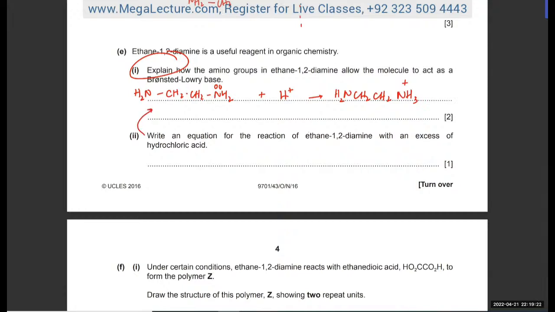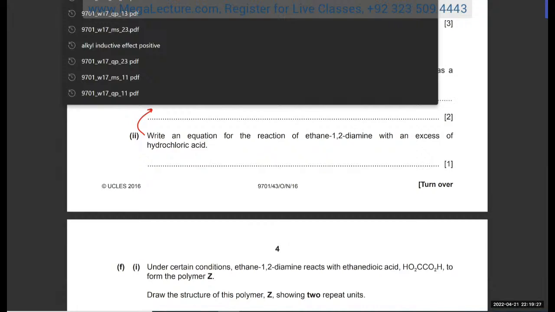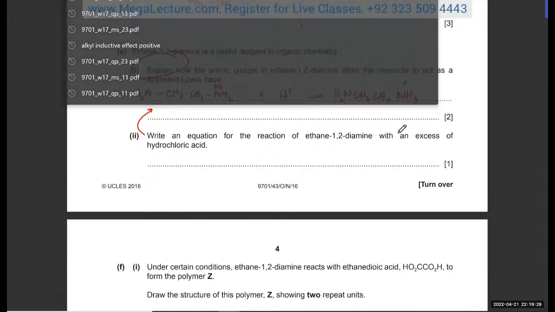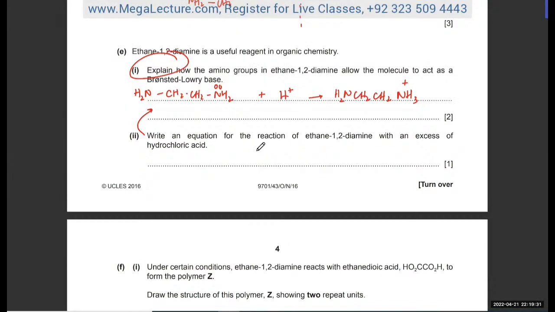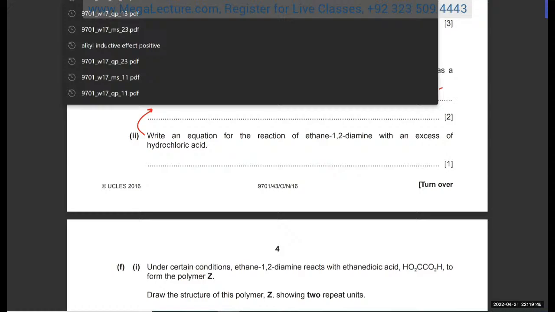So let me just quickly open the MS for this. Okay, how are the marks distributed? Why are they giving 2 marks for that? Sir, in the one below it says reaction with an excess of HCl. Yes, but you can write an ionic equation. Like, you can make it HCl, add the Cl-1. That's it. The Cl-1 is not really doing anything.